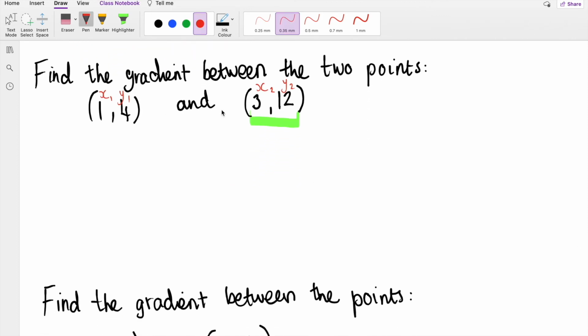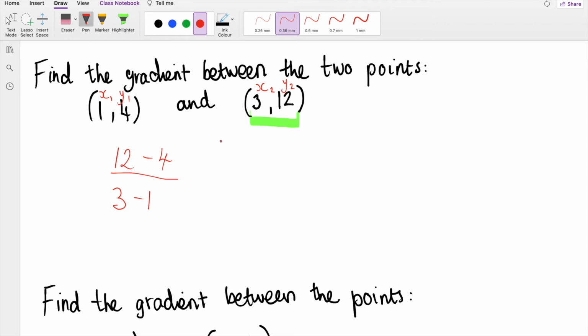Let's have a look at an example together. So to find the gradient between these 2 points, 1, 4 and 3, 12, I need to pick a coordinate that I want to subtract from, and I'm going to pick this one on the right here. So gradient is the difference in y divided by the difference in x. So let's do 12 subtract 4, divided by 3 subtract 1. Be careful and note how I've also subtracted from the 3 here.